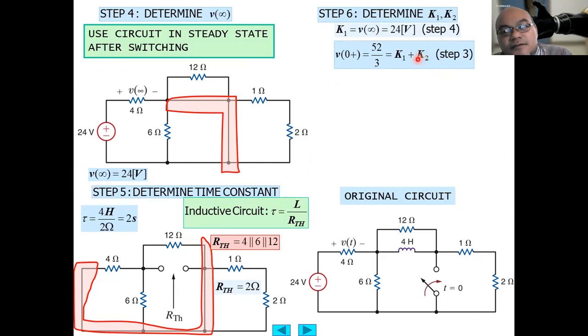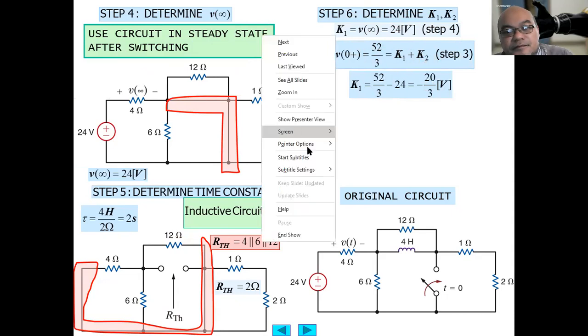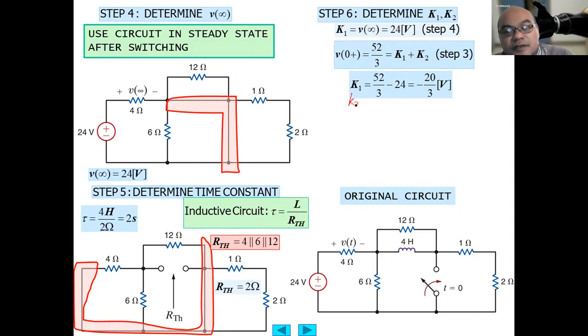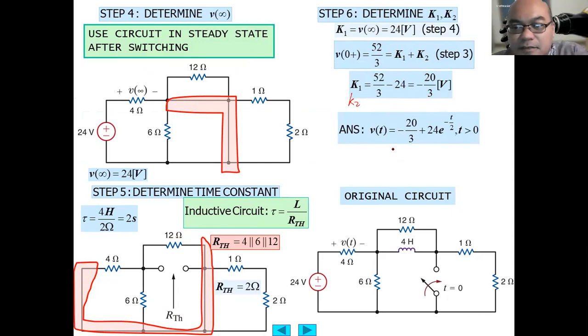So K2 is from the initial value, 52 over 3, and K1 is known, so K2 is 52 over 3 minus K1, minus 24 volt. Yes, this is something wrong. Actually, K1 is 24 and K2 is minus 20 over 3, times the exponent minus t over 2. Any mistakes in this solution?